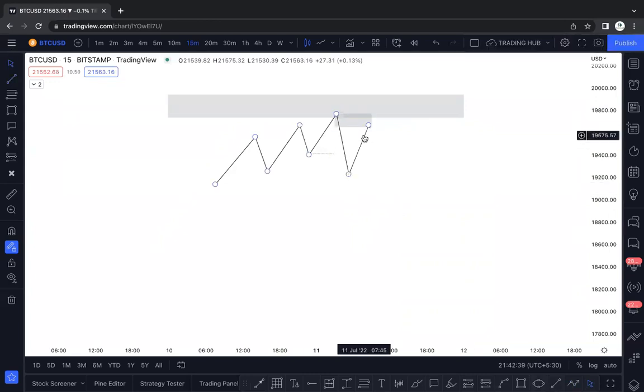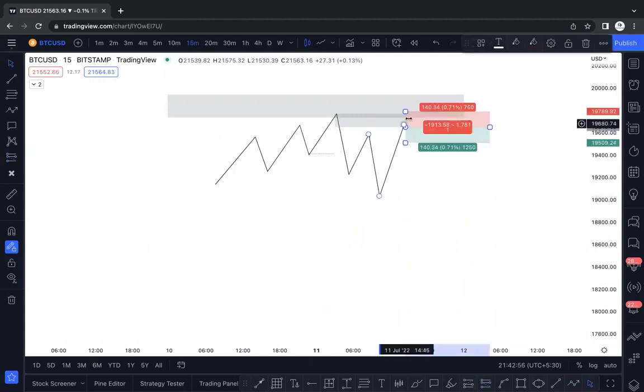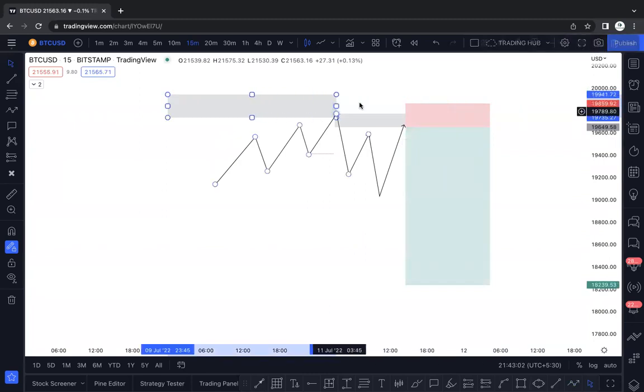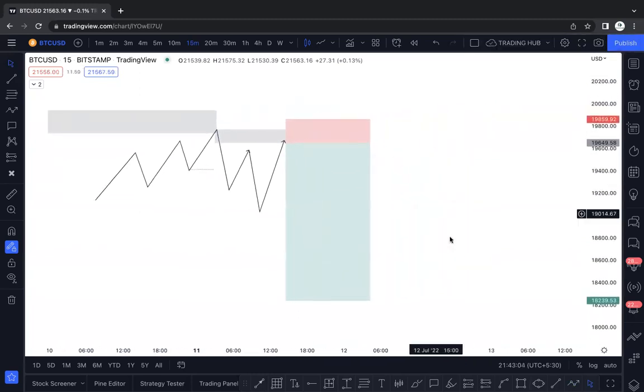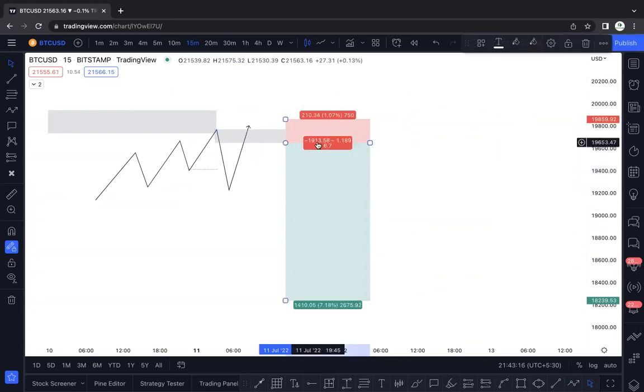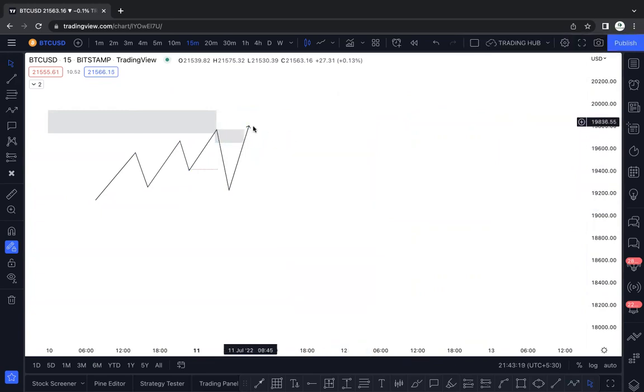How does the market create liquidity? There are 2-3 types. First, the market creates a new low, taking out this one, and then this high acts like an inducement, and now we can sell here. This will be our high probability entry for the sell, and in most cases your trade goes into profit. Sometimes, if the market takes out this high and does not create a move like this, then you have to wait for the market to sweep this high.